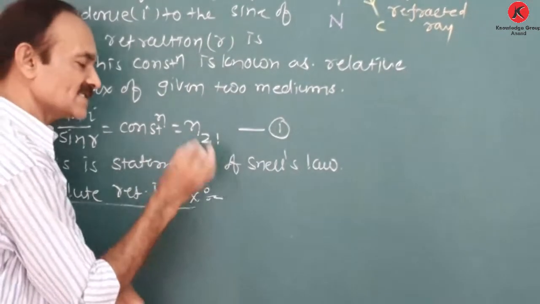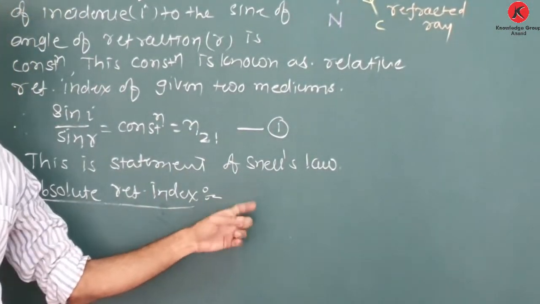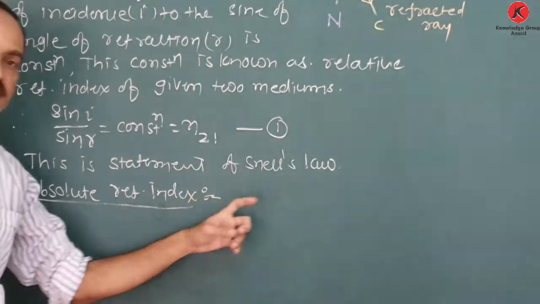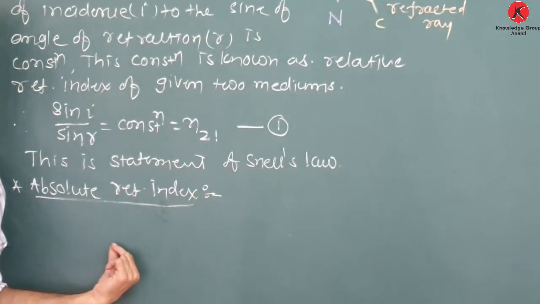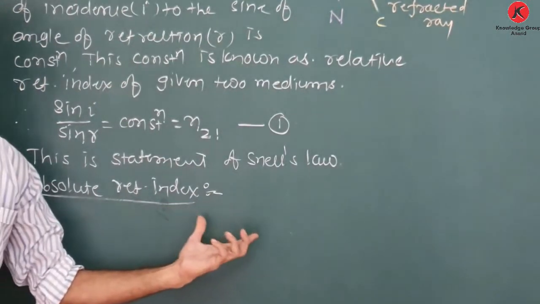The absolute refractive index of a medium is defined as the ratio of the velocity of light in vacuum to the velocity of light in a given medium.